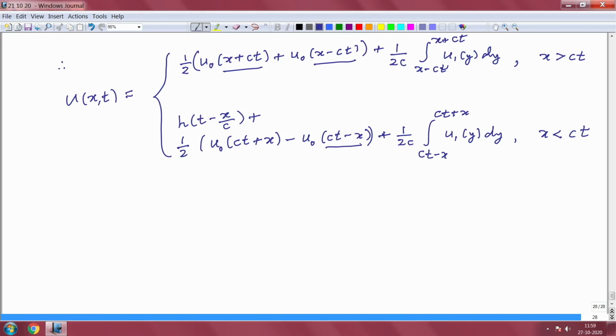So, let me just geometrically show where that lies. So, this is when x is less than ct. So, again, x equal to ct. So, here is the point (x,t).